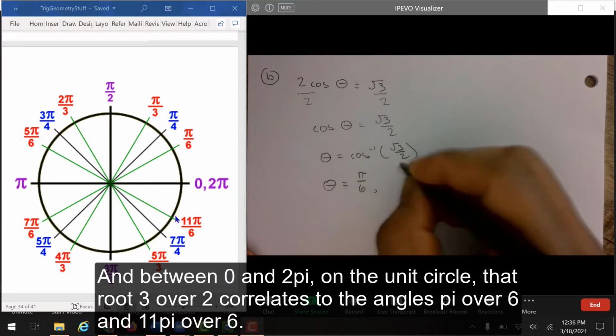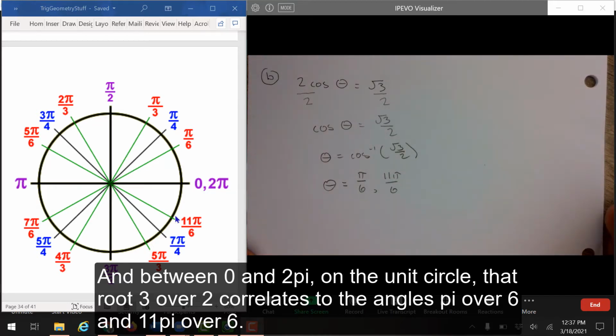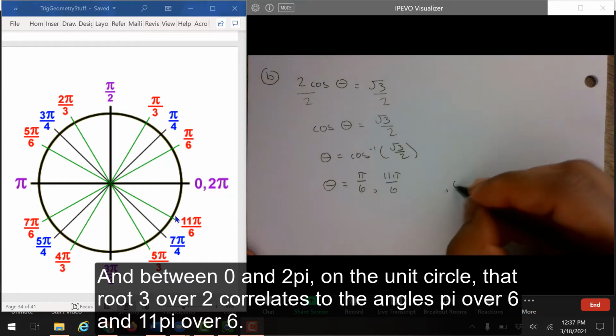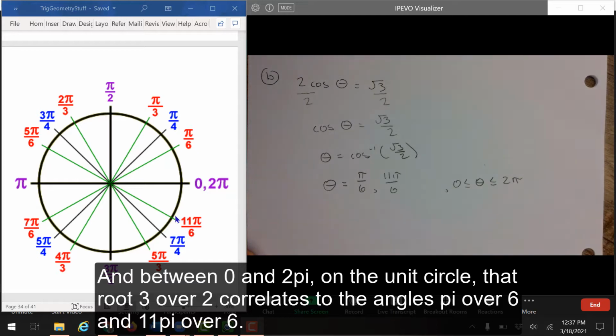And between 0 and 2 pi on the unit circle, that root 3 over 2 correlates to the angles pi over 6 and 11 pi over 6.